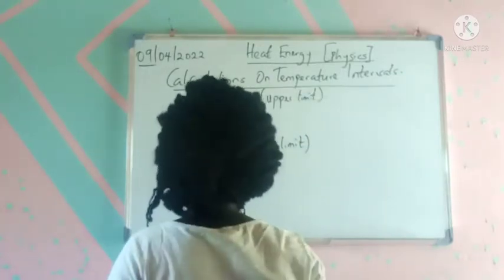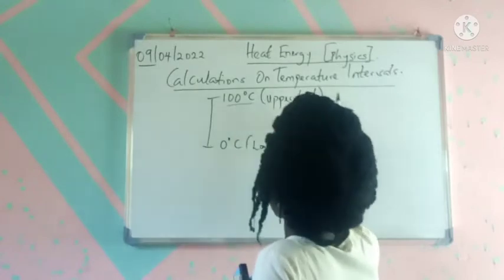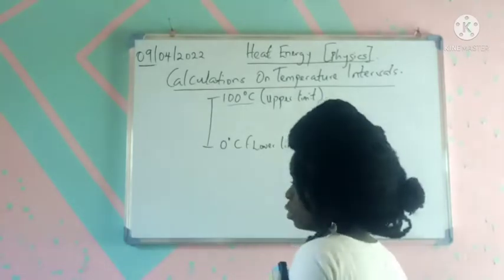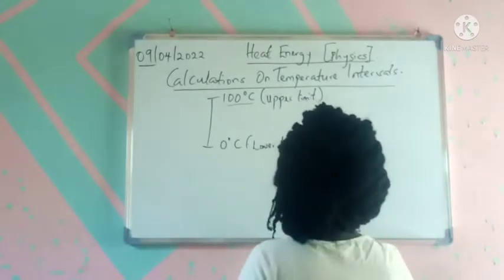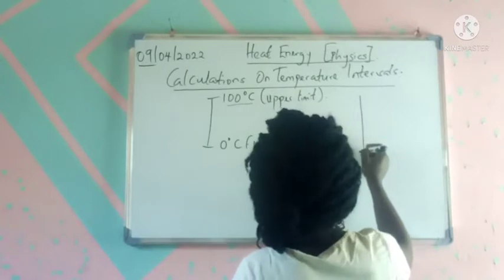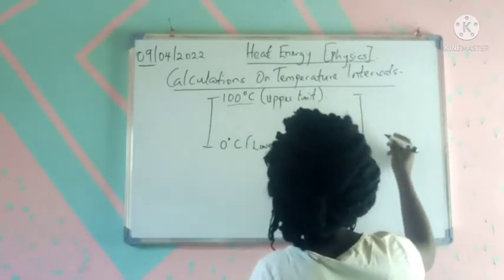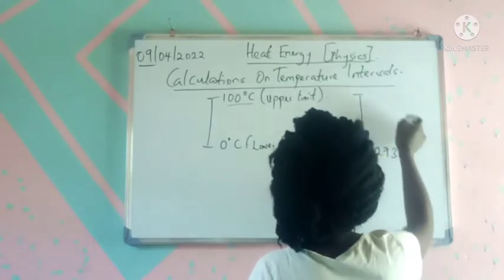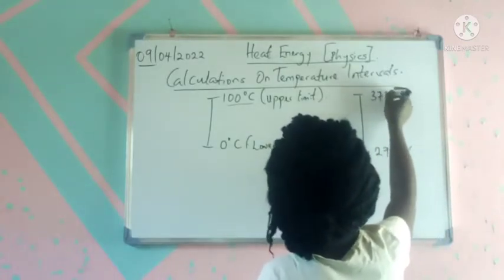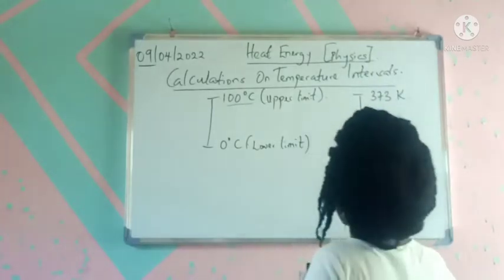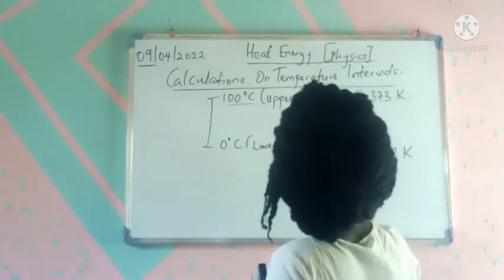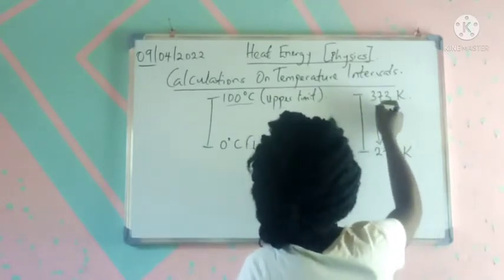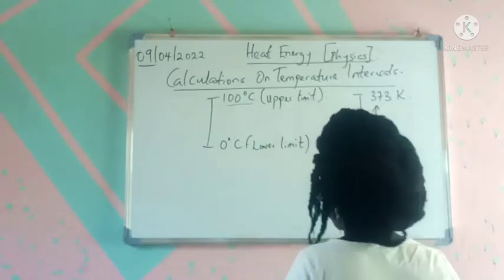So the upper limit corresponds to 100 degrees as the temperature of boiling water, while the lower limit corresponds to 0 degrees, the temperature of ice, that's freezing. But for the Kelvin scale, also known as the absolute scale, we have this as 273 Kelvin, and this is 373 Kelvin. So in that case, you still have that the range of difference between the upper limit and the lower limit is going to be 100.